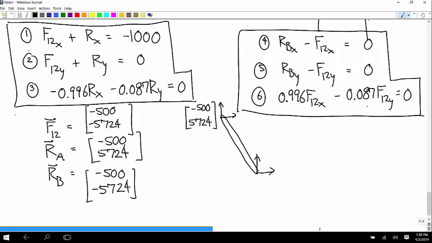You have F12, and you also have that force of 1,000, and those add up to a force of 500, 5724.